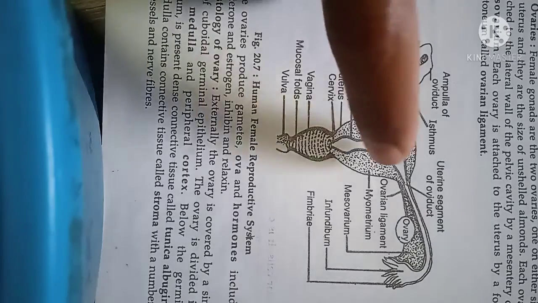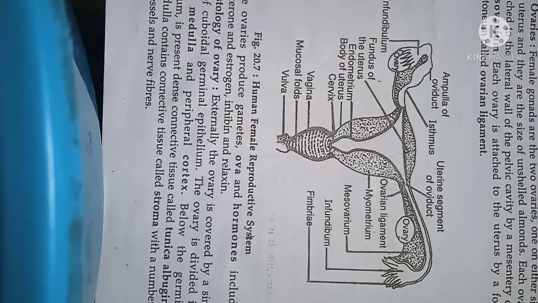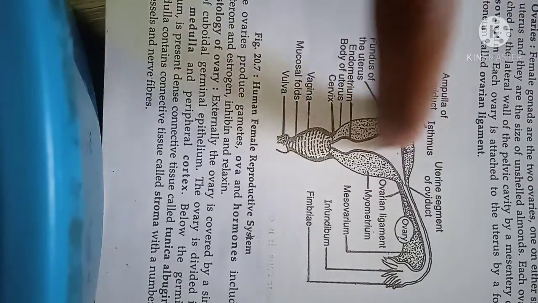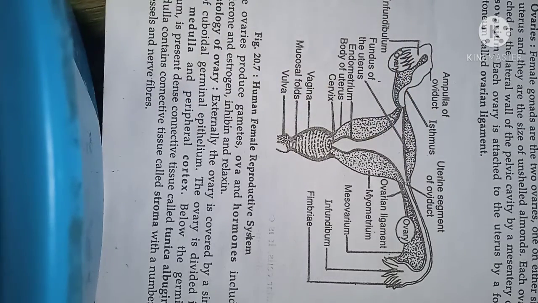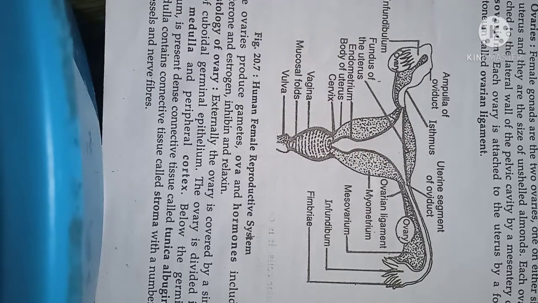Then the next part is the uterus. It is an inverted, pear-shaped, highly distensible, hollow muscular bag-like structure, present in the pelvic region between the rectum and urinary bladder. It is about 8 centimeters in length, 5 centimeters in width, and 2 centimeters in depth.